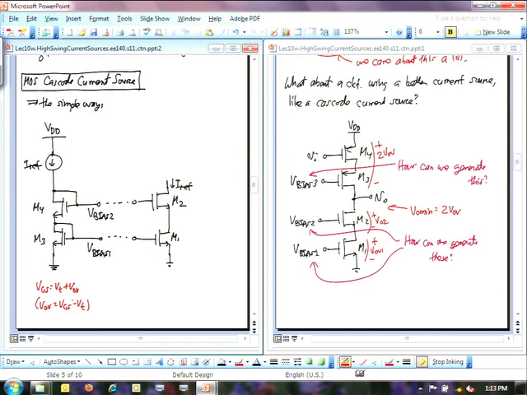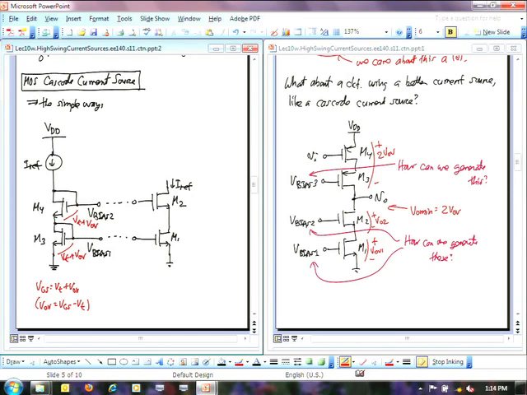But if VGS equals VT plus an overdrive voltage for a saturated MOS transistor, then I could say that across here I've got VT plus an overdrive voltage. If these transistors, M3 and M4, are identical, which I'm assuming and which you usually have in a cascode type architecture, then I can also say this is VT plus V overdrive. If they weren't identical, I'd have to assign them numbers: VT3, V overdrive 3, etc.